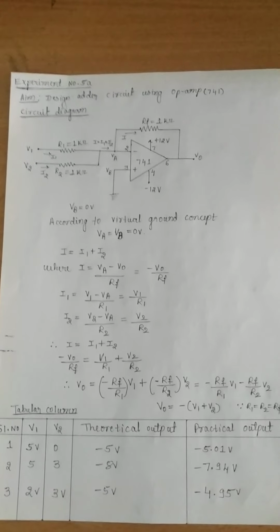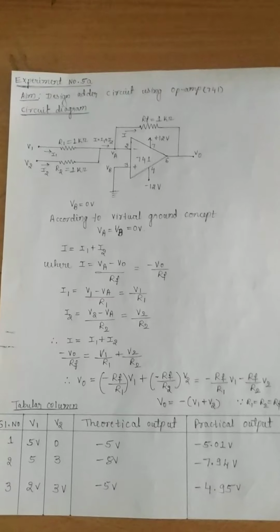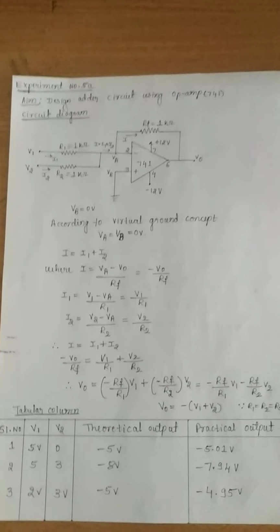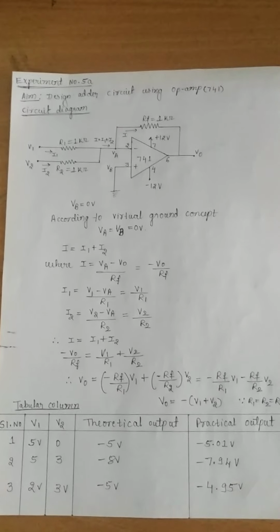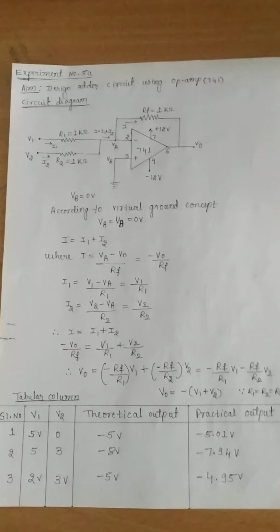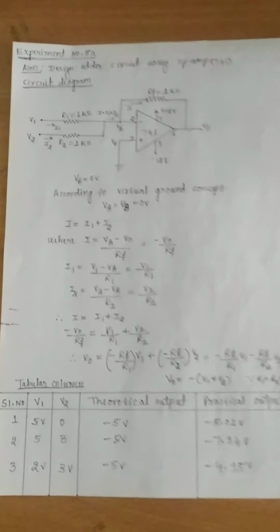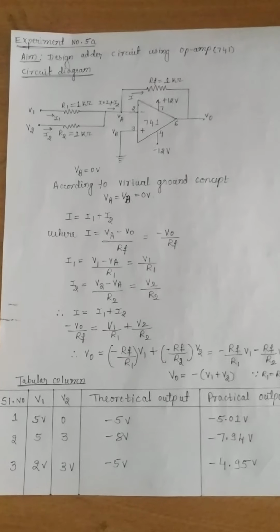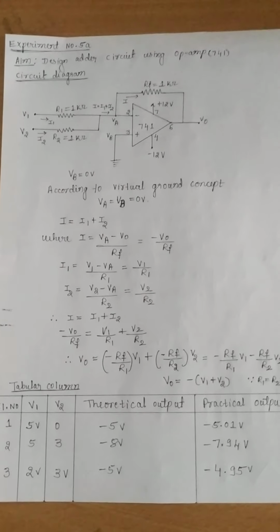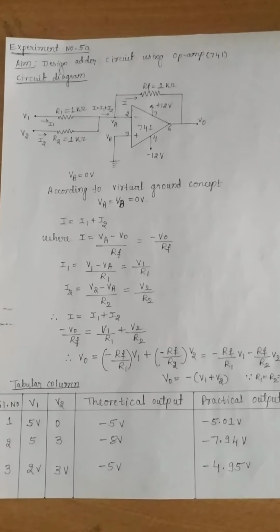Since the input impedance of the op-amp is very high, the current through the negative terminal is 0. Therefore, the same current I, which is the addition of I1 plus I2, will go through the resistance RF.